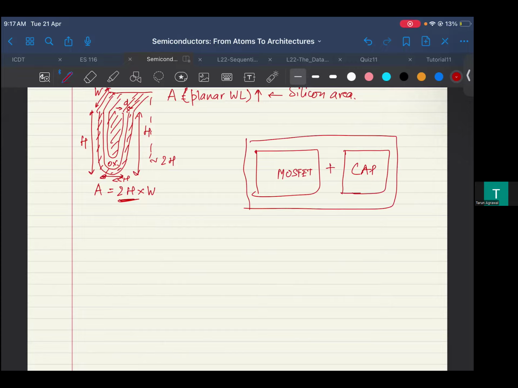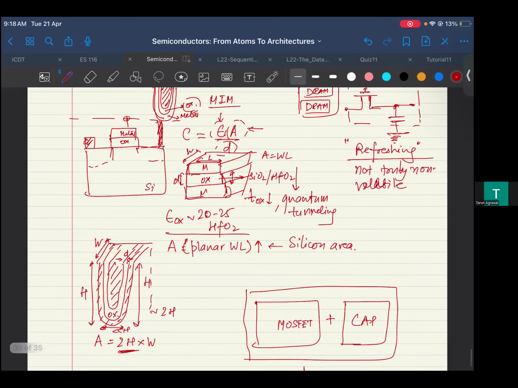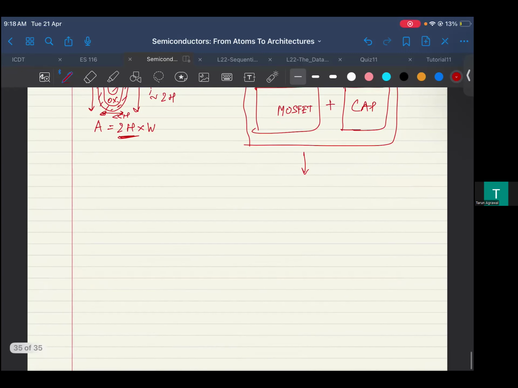Is it possible that I can get a similar kind of memory property, right, where I can store the data, but I still do not pay a penalty in the area? So that is where the concept comes in that, rather than doing this cap, we put this information of 1 and 0 inside, or it is utilized.